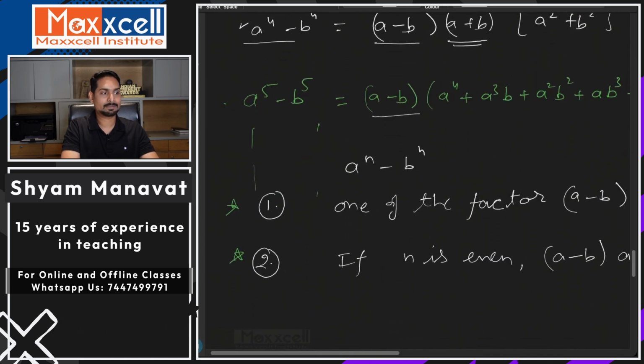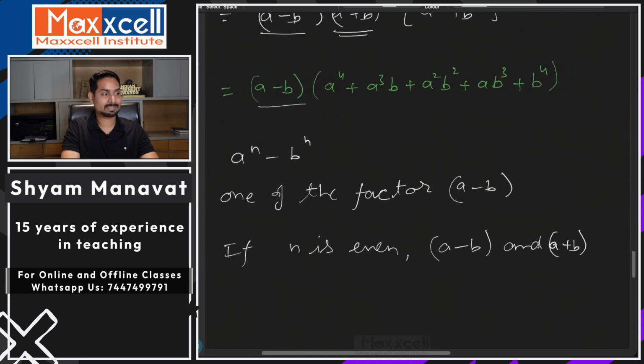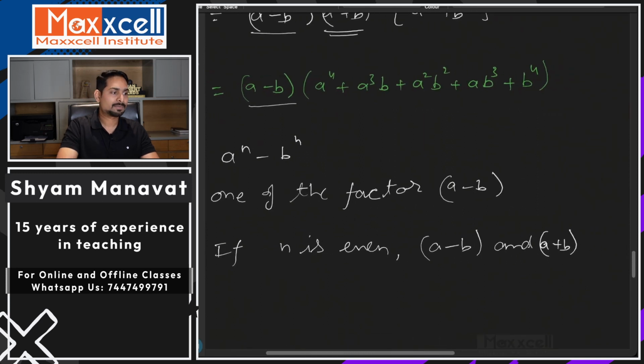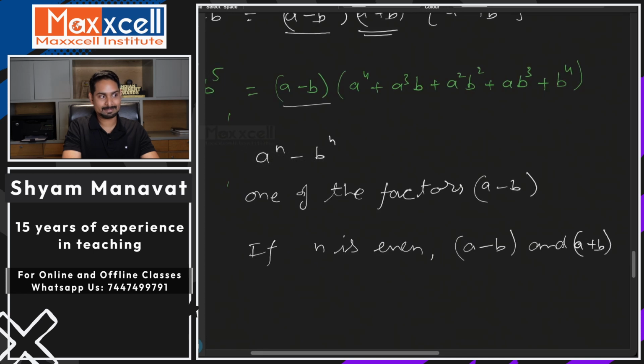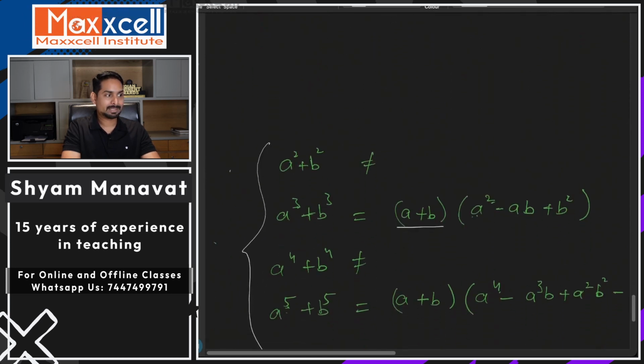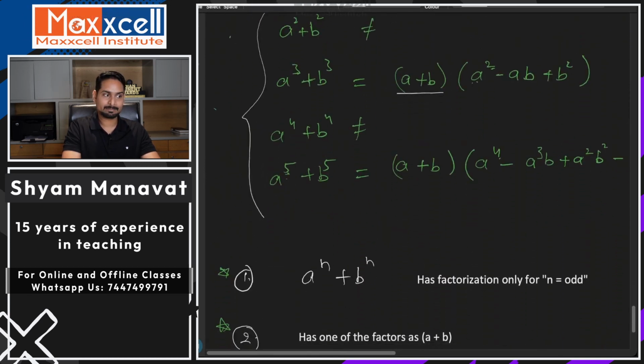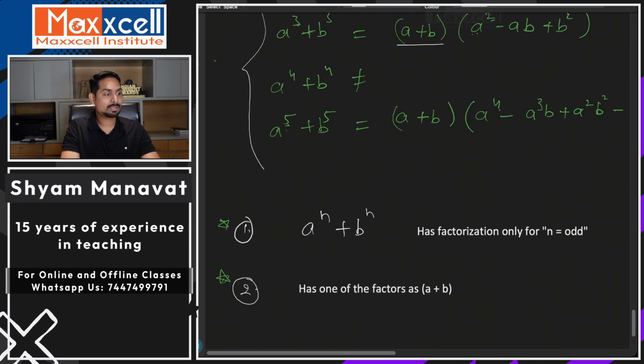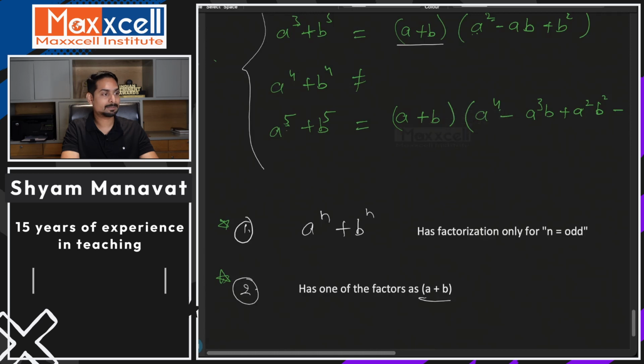The conclusion is, if n is even, you will have a minus b as one of the factors, and you will also get a plus b as another factor. In the case of a to the power n plus b to the power n, that can be factorized only when n is odd, and if that's the case, a plus b will always be one of the factors, right? So this is it for today's video.